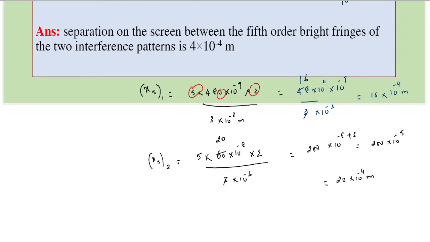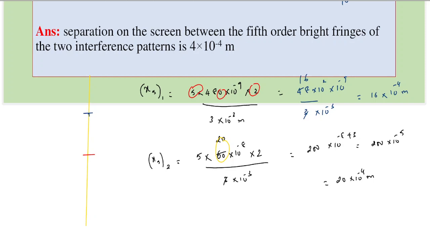Since the wavelength is greater here, we'll have a thicker fringe, so the distance of this fifth fringe would be so much from here. To understand this, this is the screen and this is the central bright band. Then just draw the center of the lines. Then for one wavelength, this is what we get.